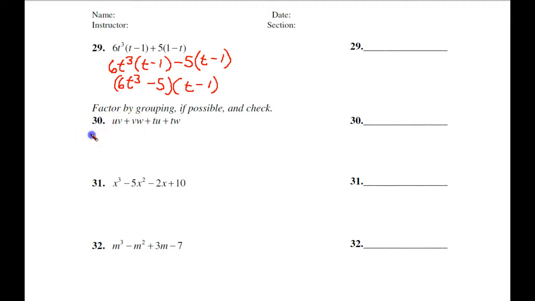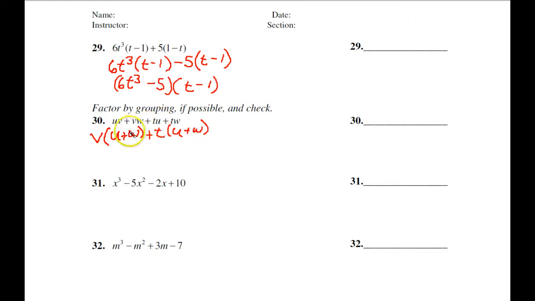So I can pull that v out. And I'm then left with a u plus w. Now here I see a common t. So I'm going to factor that out, and I get t, and I get a u plus w left.